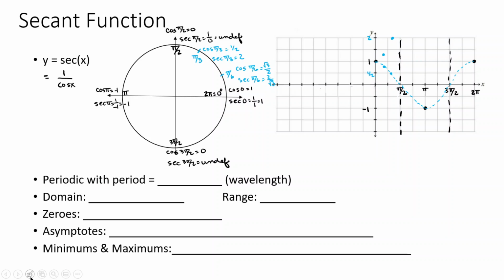So what the secant function is doing as the reciprocal of cosine is, instead of the curve coming down and being trapped between 1 and -1, it's actually going up away from 1. So instead of getting smaller, it's getting larger. On the negative side, it's doing the same thing.